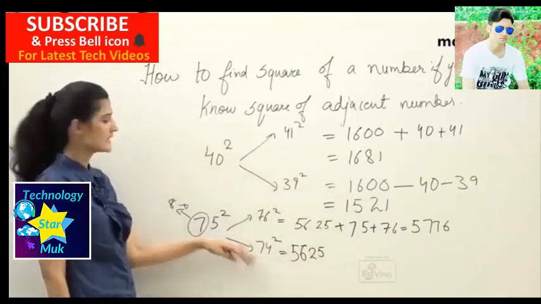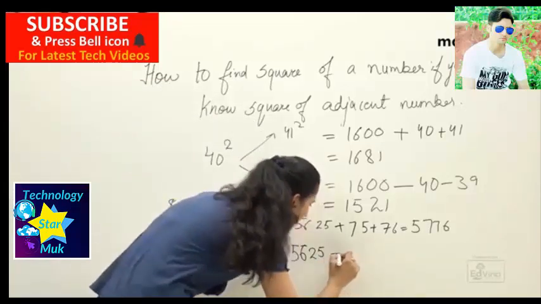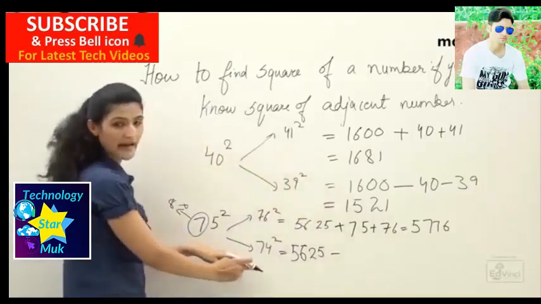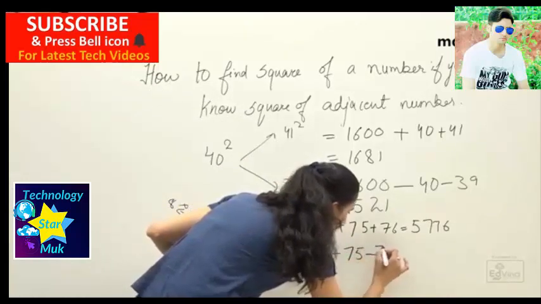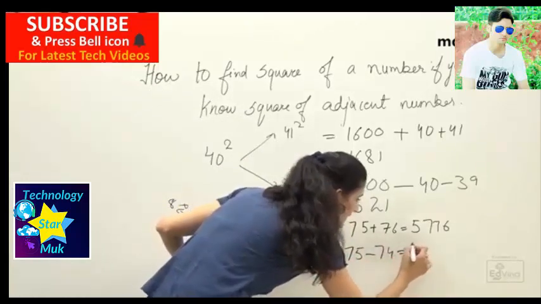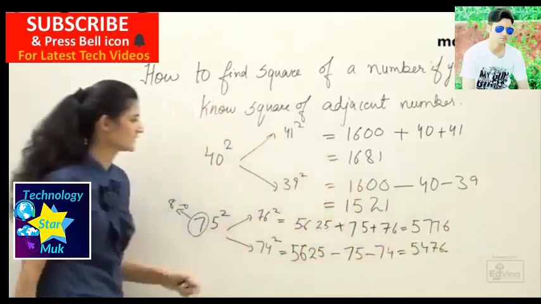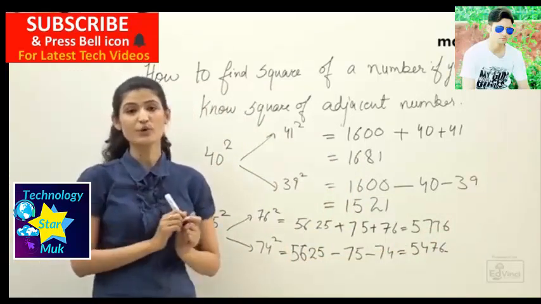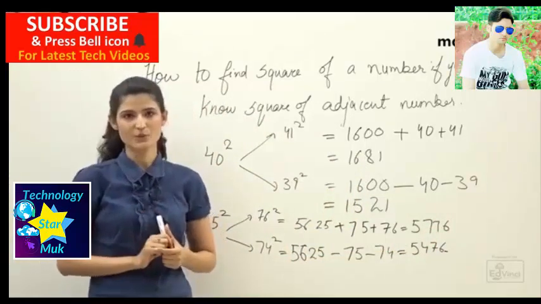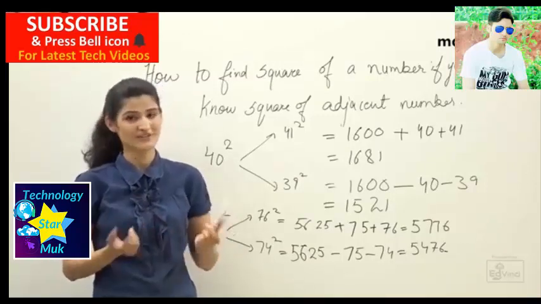As this number is less than 75 square, we'll subtract the adjacent number and the number itself, which is 75 and 74, and the answer is 5476. So this is a quick trick for you guys where you already know the adjacent square and you have to find the square of the next number or the previous number.